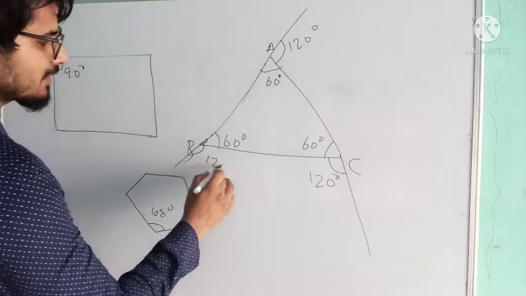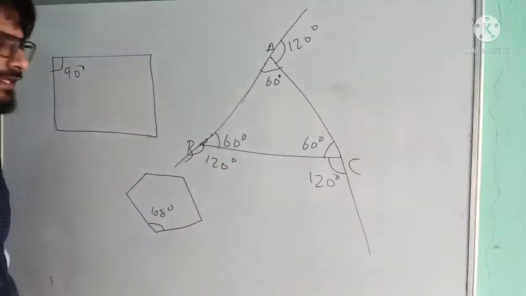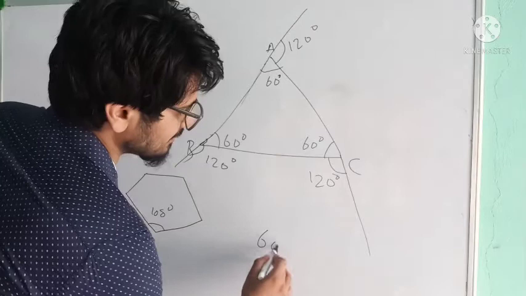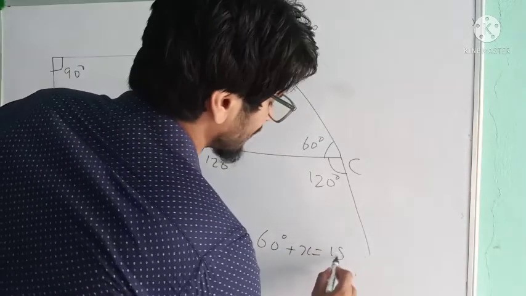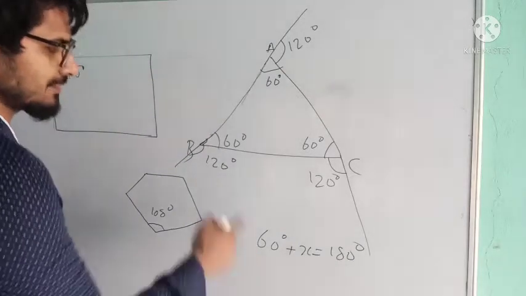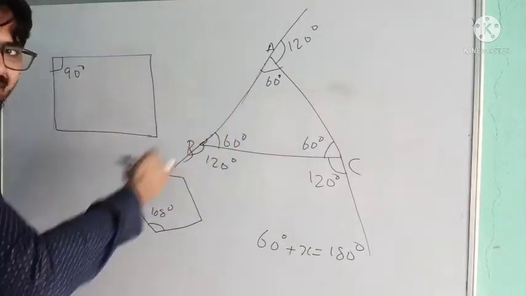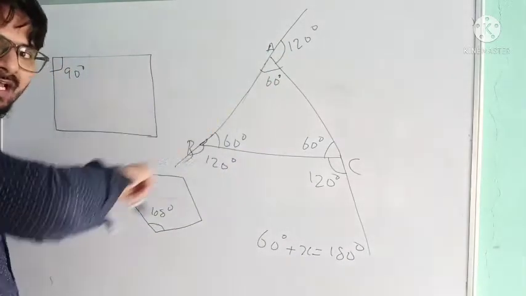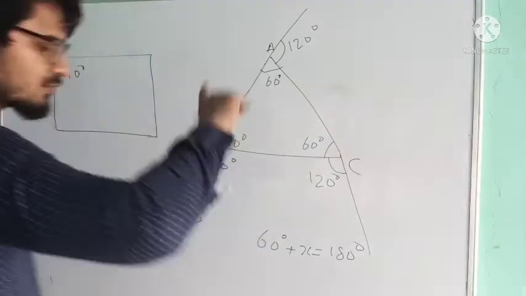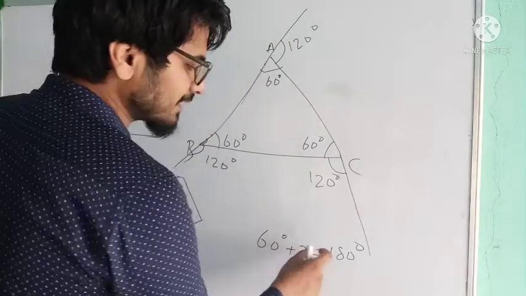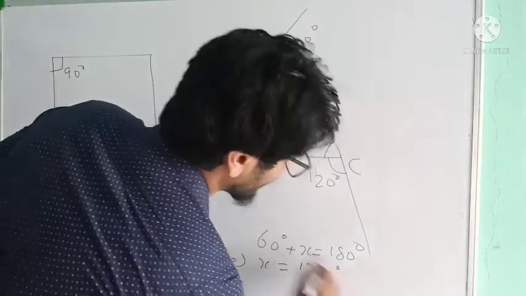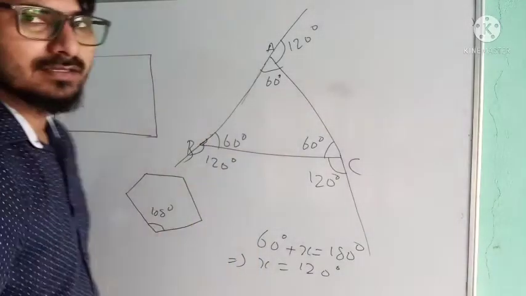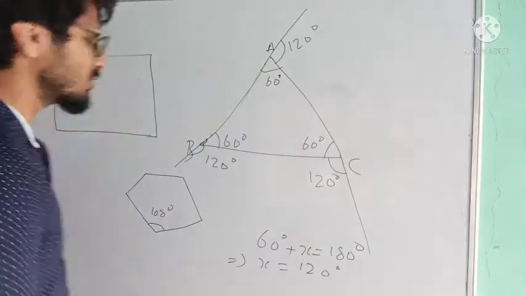How is it coming 120 degrees? By 60 degrees plus x is equal to 180 degrees. Since it is a linear pair, when I draw a line it becomes a straight line, so its angle will be 180 degrees. So 60 degrees plus x is equal to 180 degrees, and from here x you get as 120 degrees.